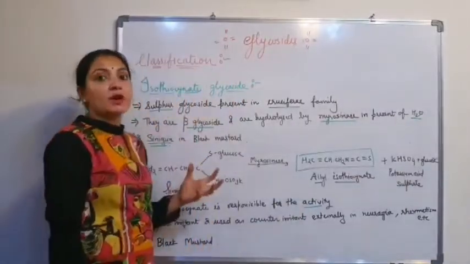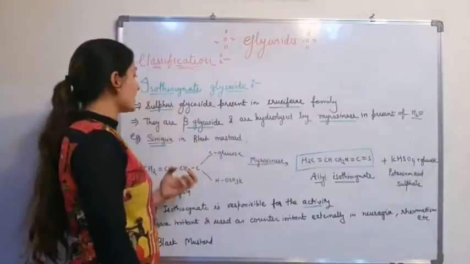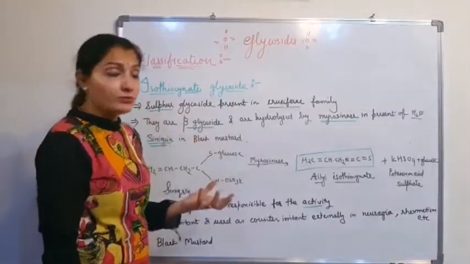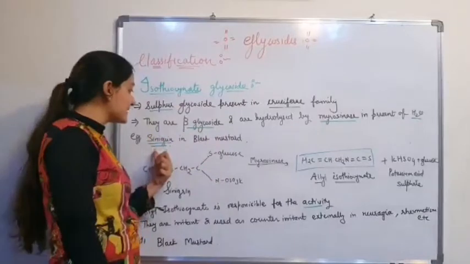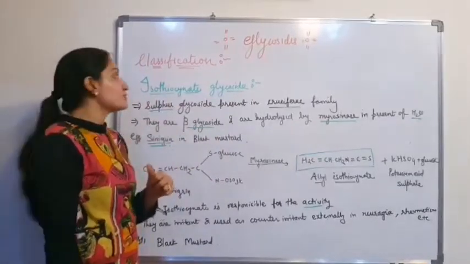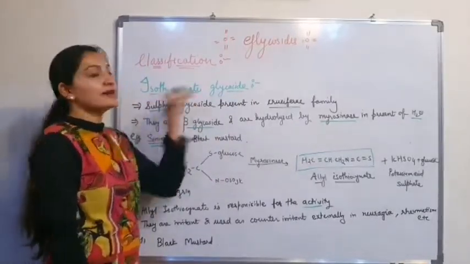The best examples of this glycoside are black mustard and brown mustard. Black mustard contains sinigrin, which comes in the class of isothiocyanate glycosides.